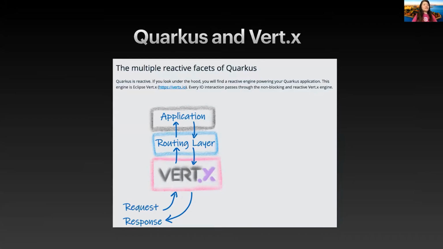So if you look here, basically the application goes into the routing layer, and then the routing layer goes through Vert.x. Its event bus is really powerful and eliminates the need for an application developer to deal with threads directly. So basically it's Vert.x that's handling request and response.